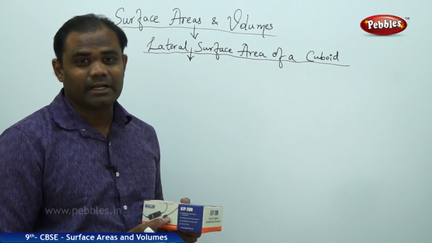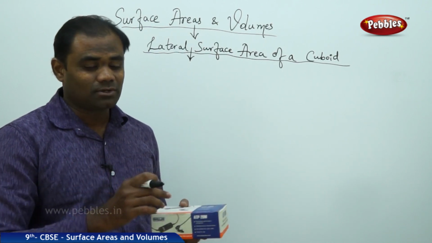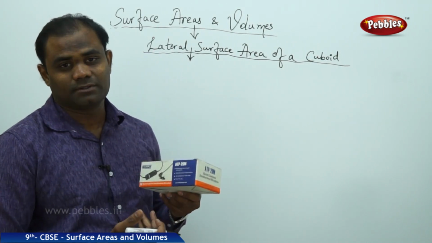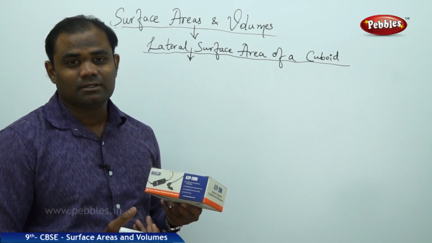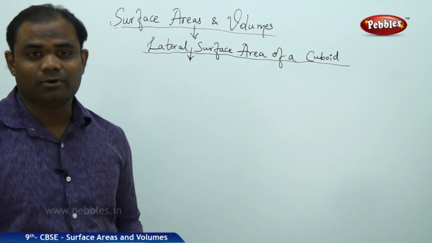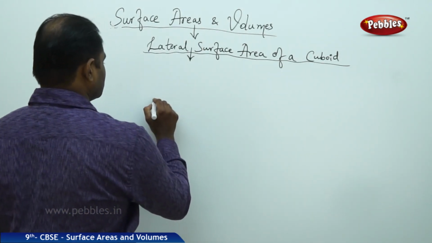So we understand that lateral surface area is the surface area of the cuboid which does not include the top and bottom. It includes laterally the side faces. So let's see in this session how to find the lateral surface area of a cuboid. Imagine I take a cuboid.